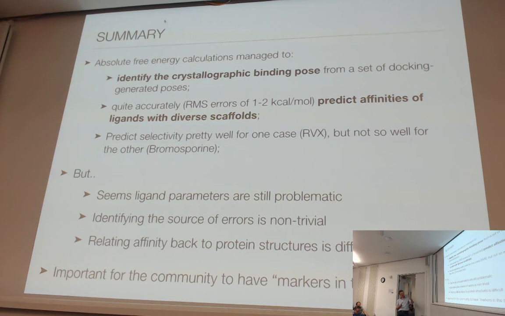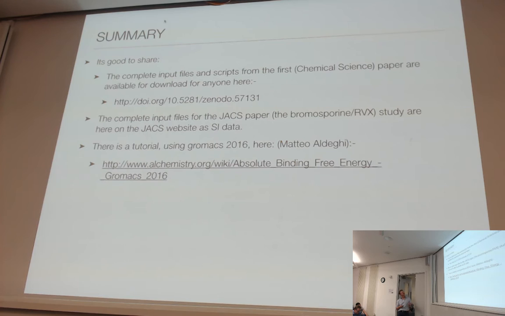To that extent, we've tried to be very open about the data set. The complete input files from the first study in the Chemical Science paper are available on Zenodo, so anybody can download the input files. The complete input files for the JACS paper, which had the bromosporine and the RVX study, are available on JACS as supplementary information.